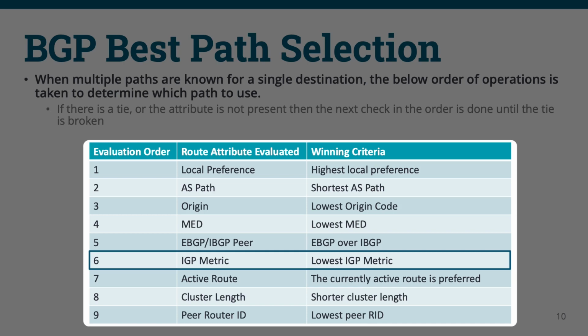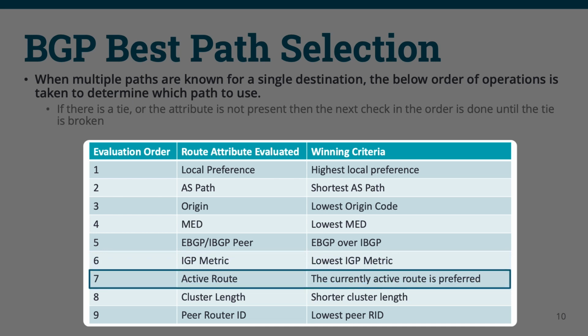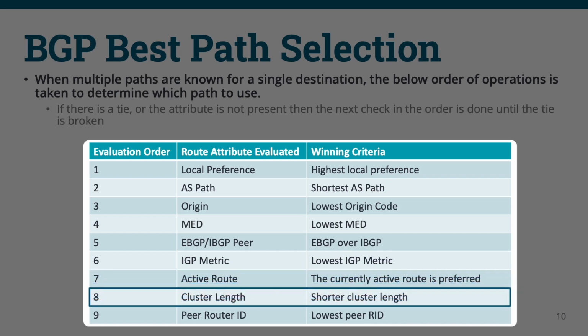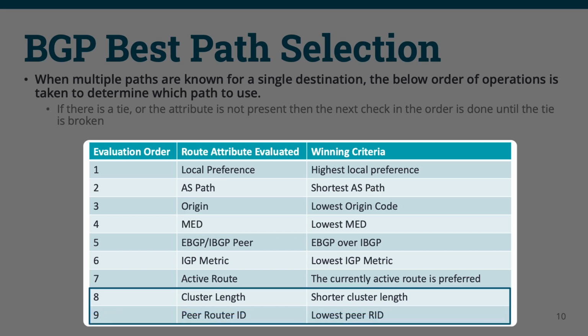If the IGP metric is the same, then the route which is currently active will be preferred. And if no route was active and the two advertisements were received at the same time, then the shorter cluster length and lowest peer router ID will win the selection.